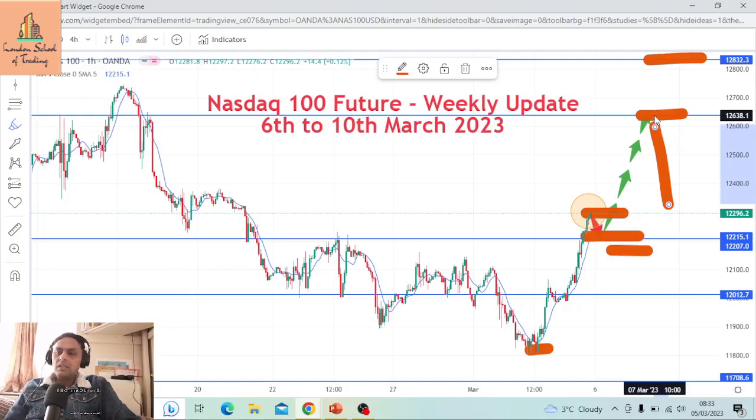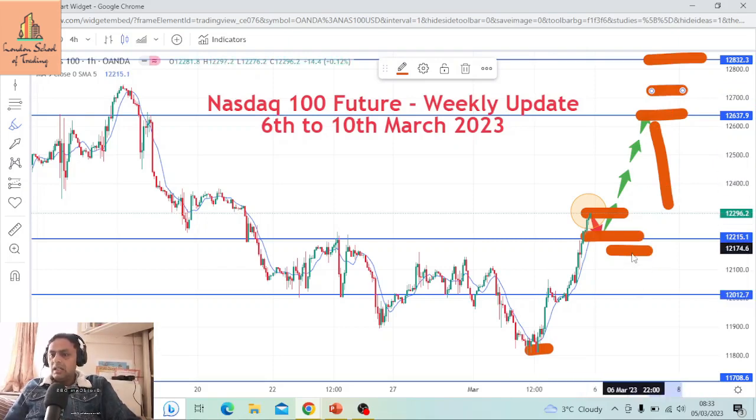If it crosses this level, then you can jump in on the buying side again, but if it doesn't, then you need to go on the selling side. Just put your stop loss at 12,650 and go on the selling side. Okay, so we need to trade like this.